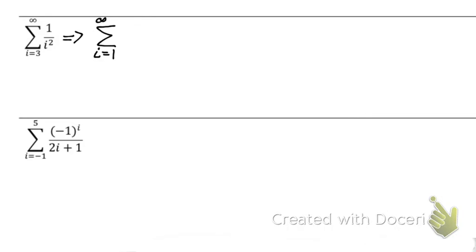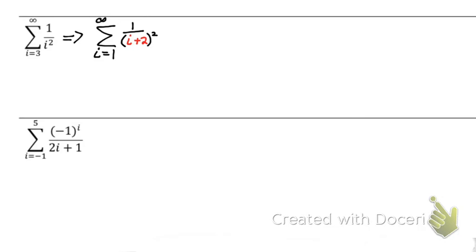Well, this time I adjusted down 2, so I'm going to replace my I with I plus 2. We're going to square, and we're going to be careful to make sure we put our parentheses correctly. It's the whole quantity squared.